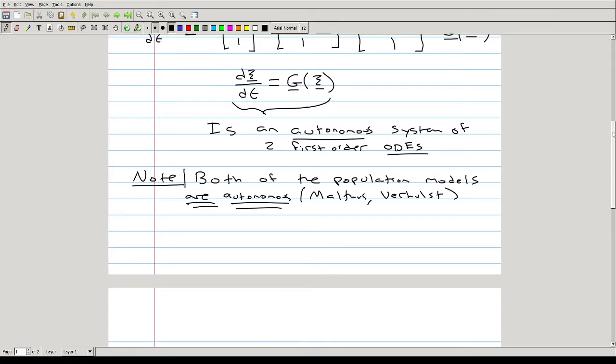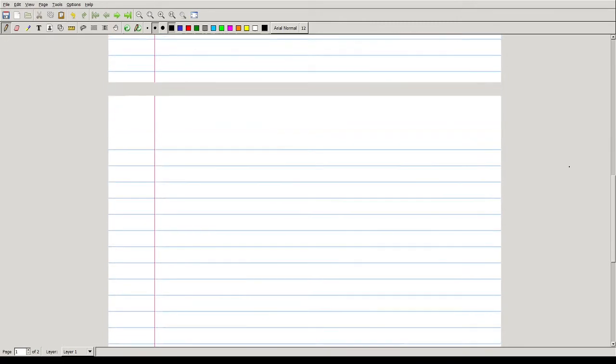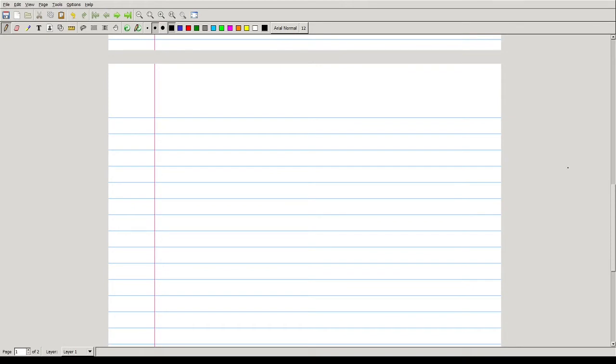And so the first theorem that I want to present today, and this is specifically for autonomous differential equations, is a sort of shifting theorem. It says that if we have a solution of an autonomous first-order differential equation, we can shift our solution.